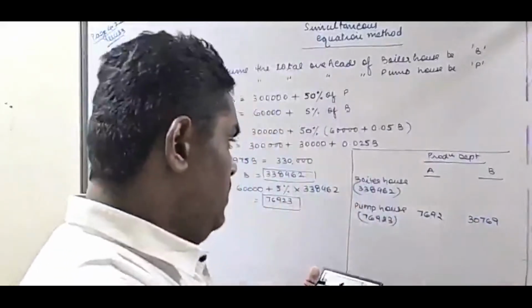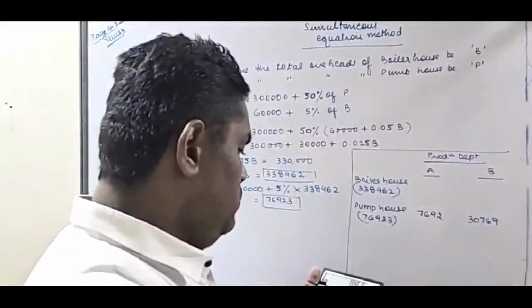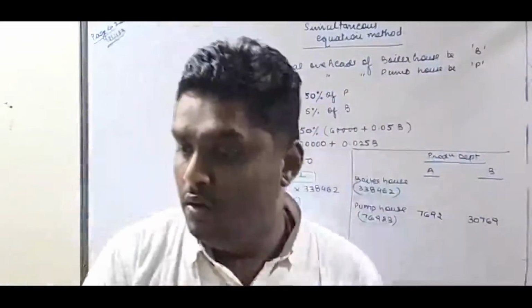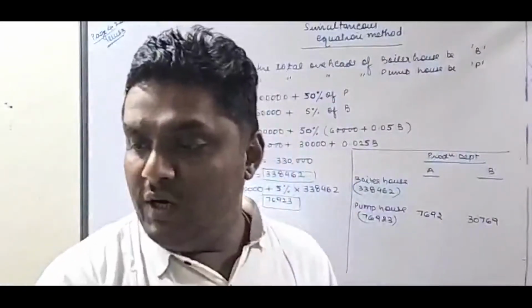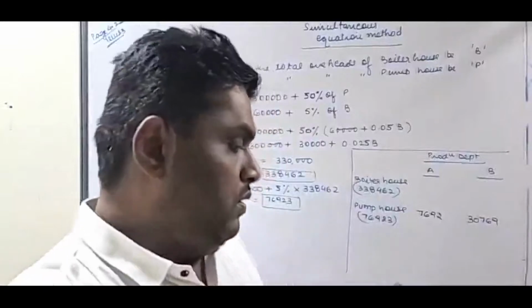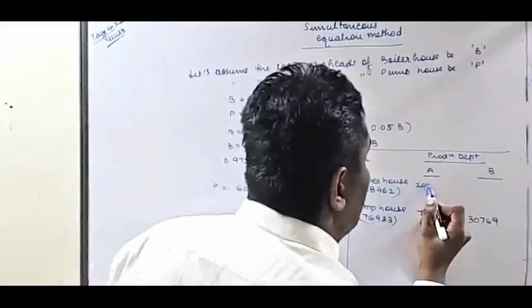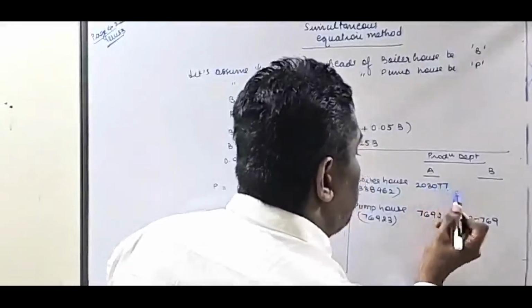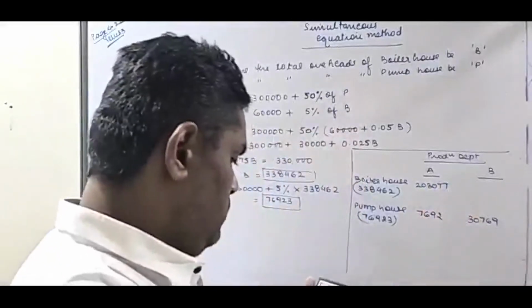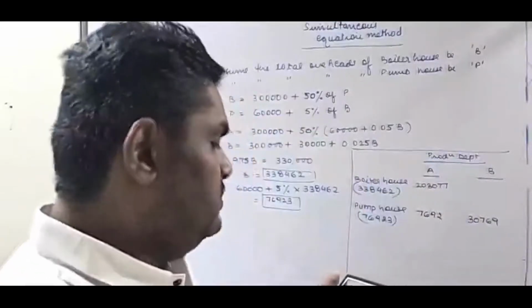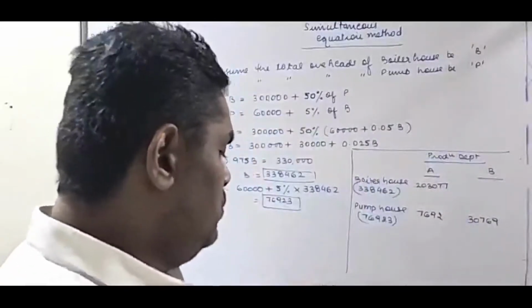Similarly, 338,462 into 60% goes to production department A. So this will be 203,077. And 35% goes to B. So this will be 118,462.